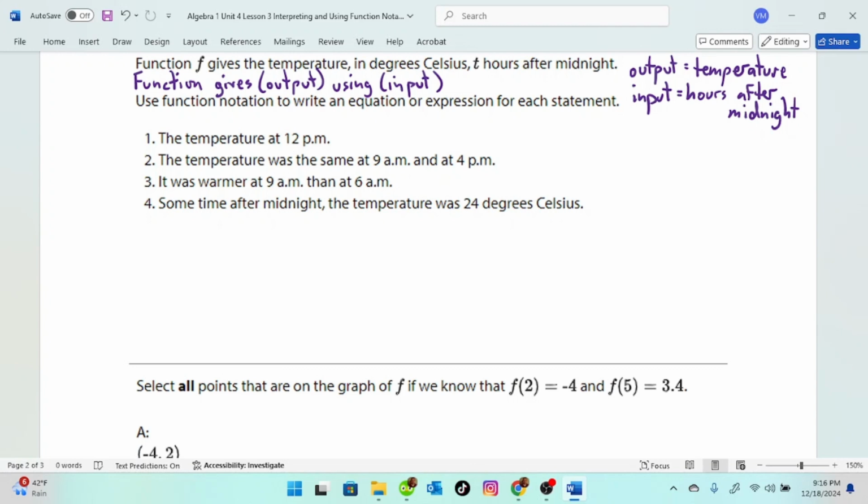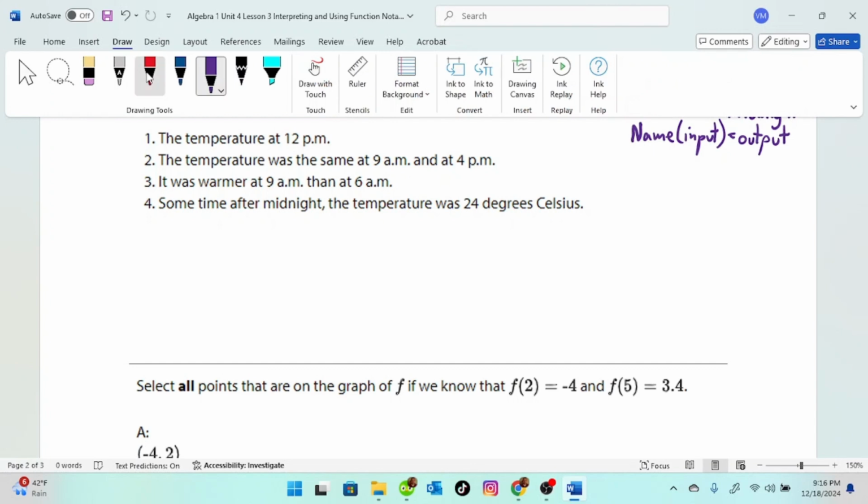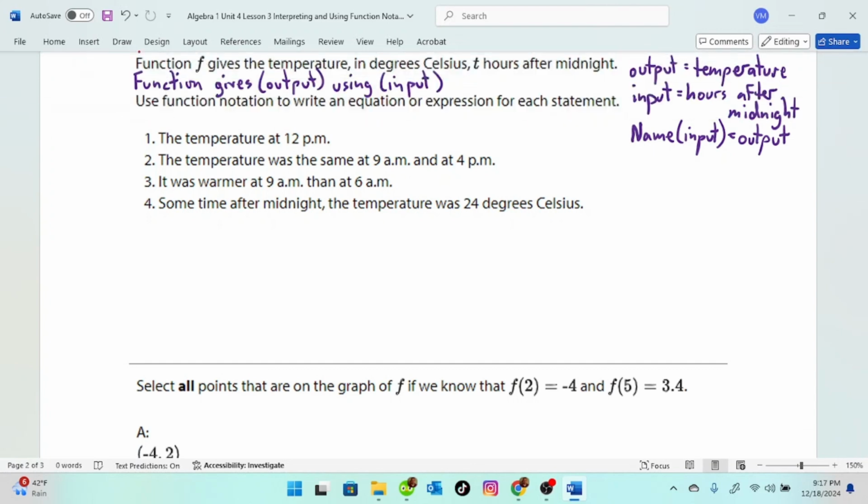Also, remember that when we write function notation, it's going to be name, input, equals output. So with that in mind, number 1, we want the temperature at 12 p.m. So the temperature is my output.